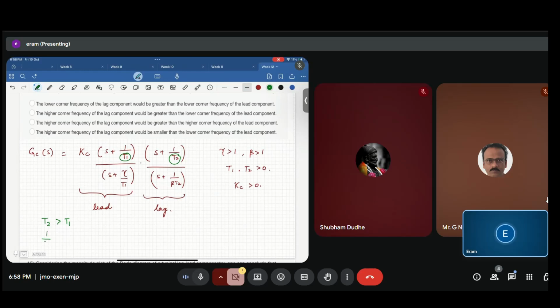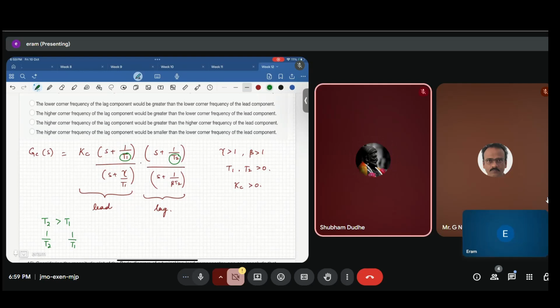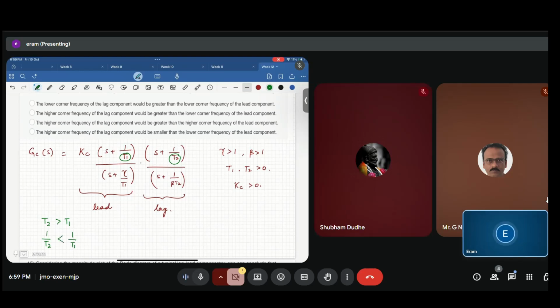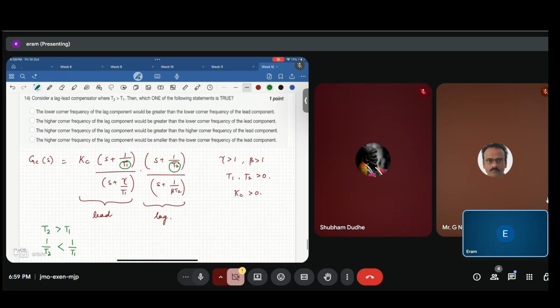Now what can we say about 1 by T2 and 1 by T1? The sign changes, so your 1 by T1 will be greater than 1 by T2. Now read the options and try to figure out the correct option. Both are the zeros of lead and lag compensator.